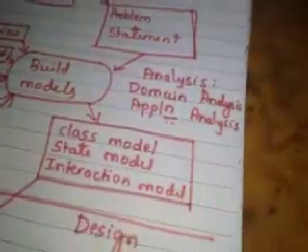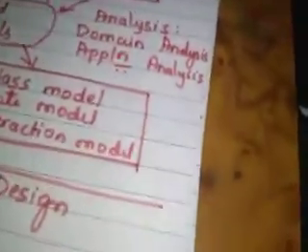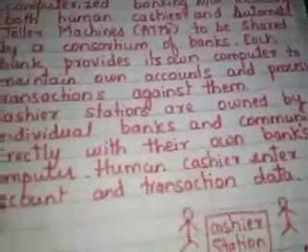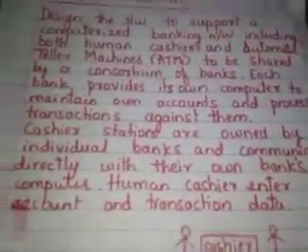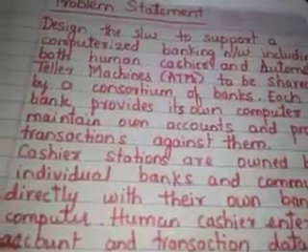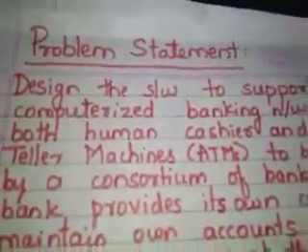That's why when the problem statement is given, we should analyze it, because many times problem statements are ambiguous, incomplete and inconsistent. If you look at this example, we have explained what the human cashiers will do, that the human cashier will enter the account and the transaction data, but it is incomplete because I have not explained what the ATM is doing.